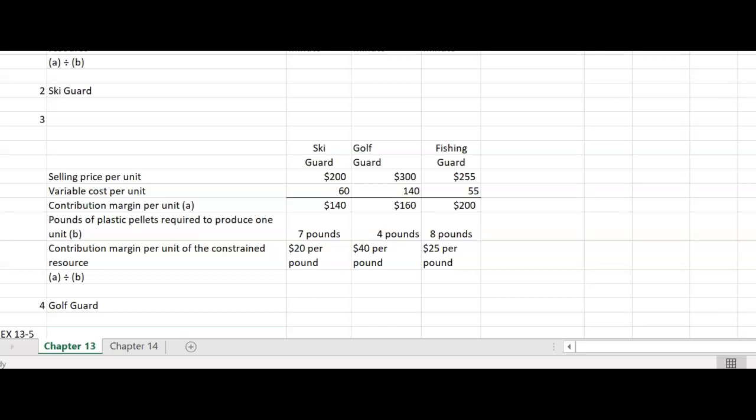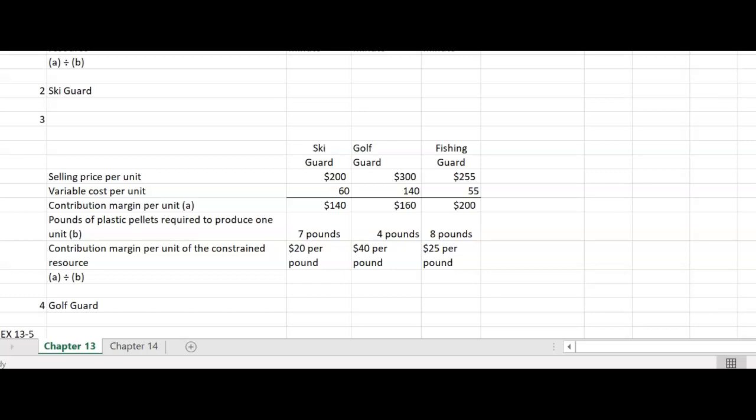Requirement number 5: which product has the largest contribution margin per unit? Why would this product not be the most profitable use of the constrained resource in either case? The Fishing Guard has the highest contribution margin.